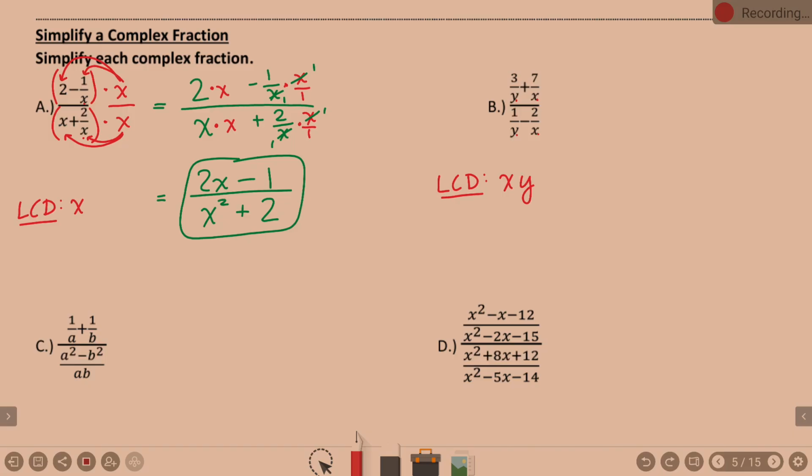X times y. Okay, just take every factor that's in your denominator and multiply them together to get your common denominator. Okay, so look for things in common. There's an x in common, there's a y in common. There's no leftovers past that. So what are we going to do? We're going to multiply the numerator by xy, and we're going to multiply the denominator by xy. Now, what's that mean I'm going to have to do again?